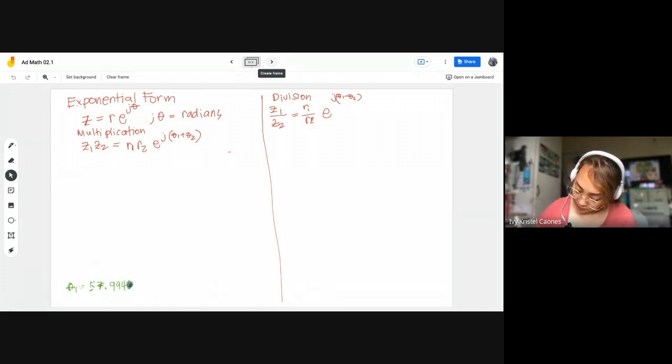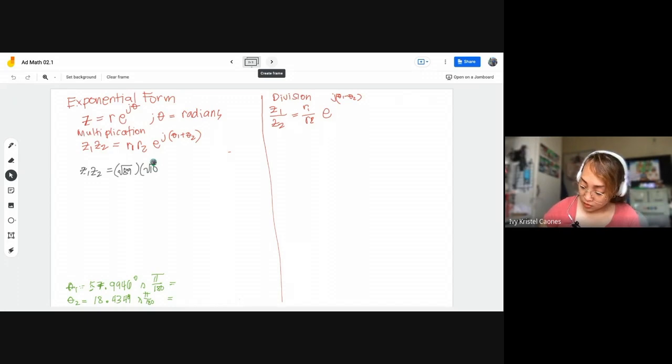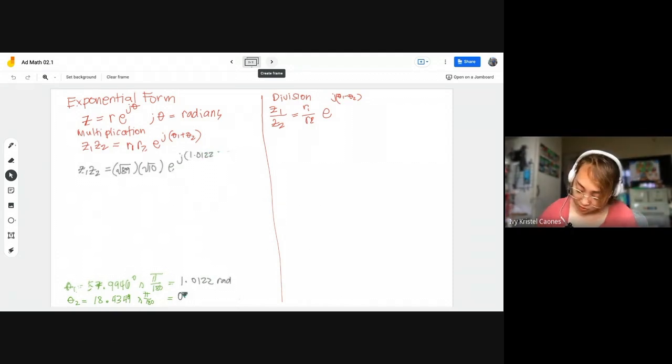So if we're going to use the earlier, theta 1 is 57.9946 times pi over 180, then our theta 2 will be 18.4349. So this is 1.0122 radians plus 0.3217.